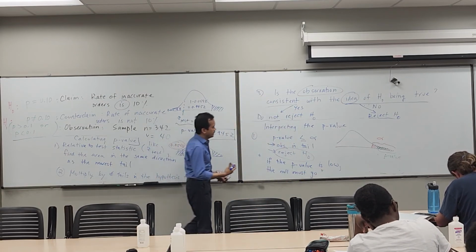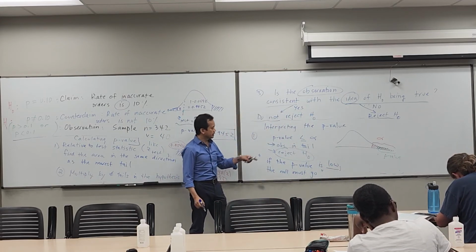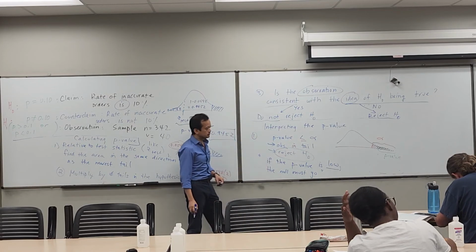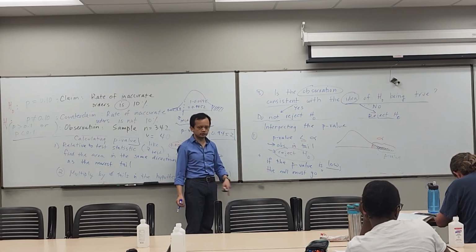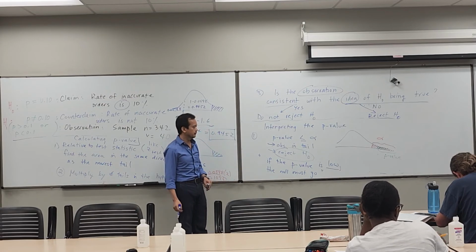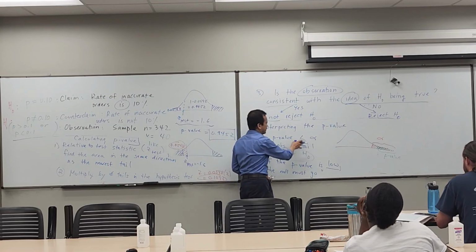So when we say that the p-value is low, that means it's low relative to the comparison with alpha. So if the p-value is lower than alpha, the null must go. So you reject the null hypothesis. So that's if the p-value is less than or equal to alpha.